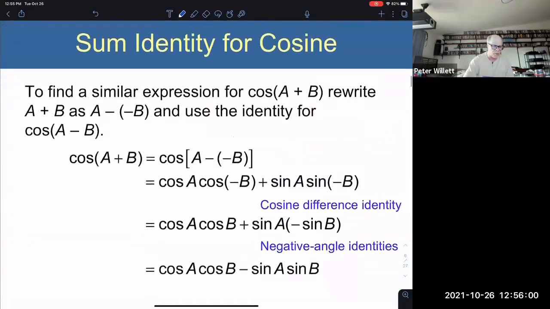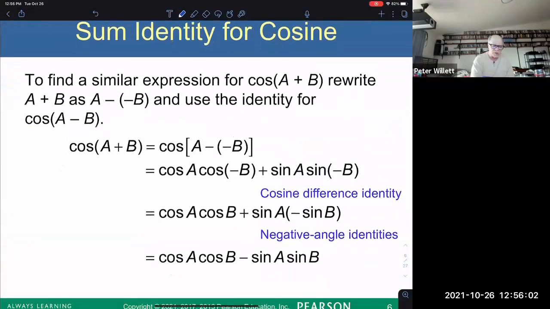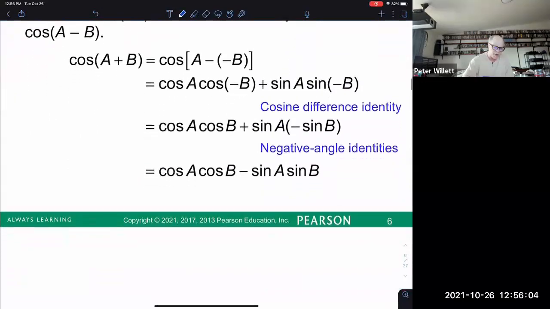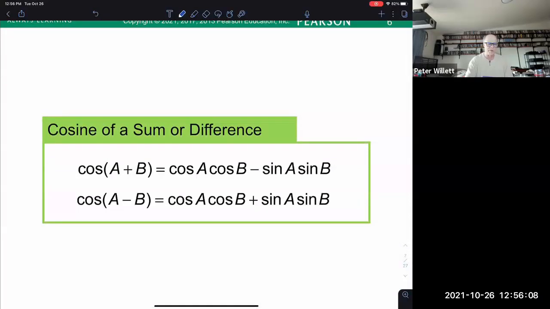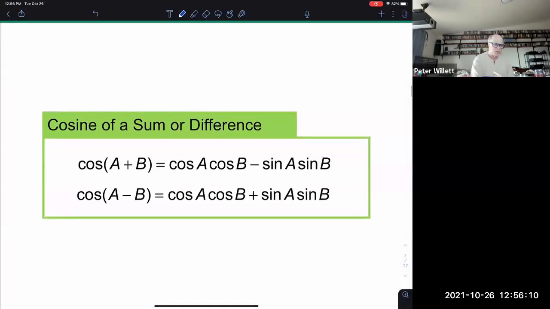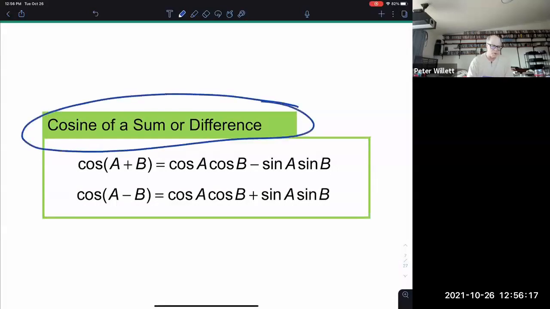They're saying, all right, what if we had a sum? We could use the difference one and put in a minus, and how would that change things? This is the summation that we want to begin with today. Here we have a cosine of a sum or a difference of two angles. Remember, A and B are going to be some angle in degrees, or they actually could be some angle in radians.